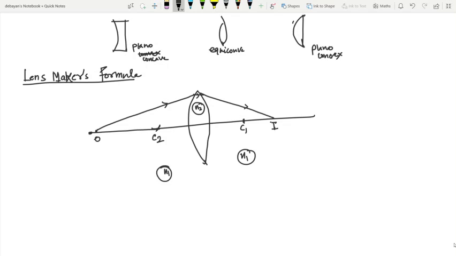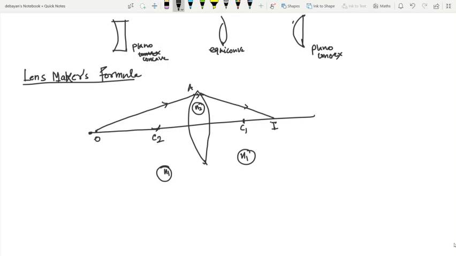You should remember that here O is a point object lying in the rarer medium on the principal axis. The incident ray, say OA, after refraction at A bends towards the normal AC1.